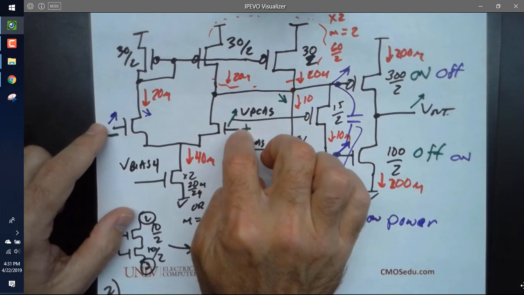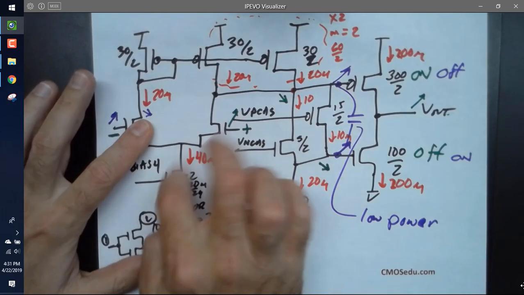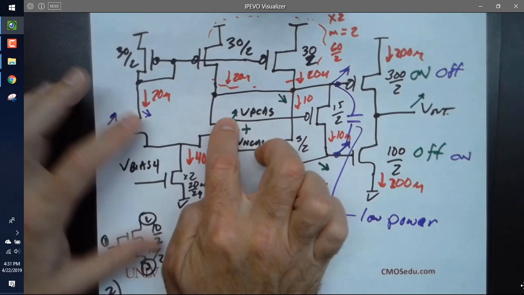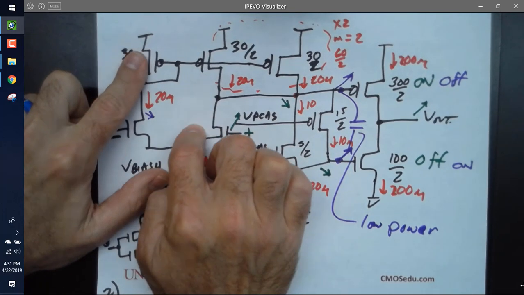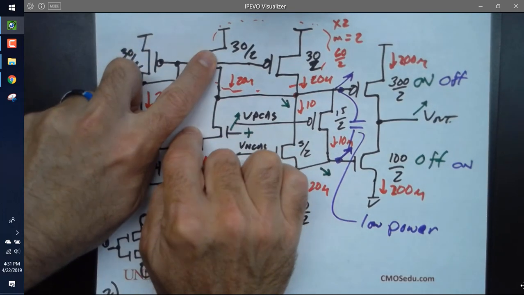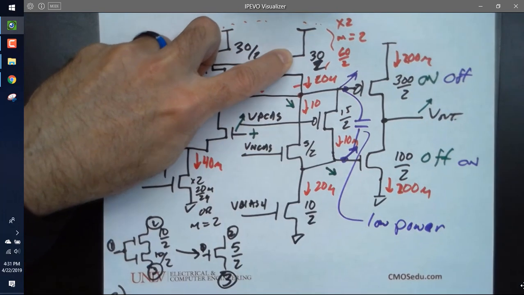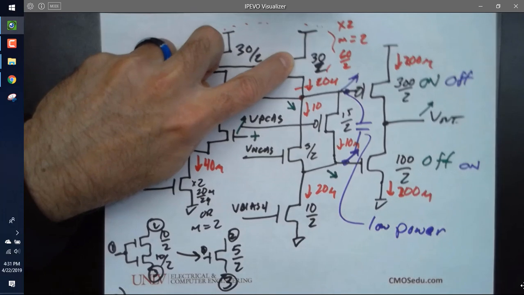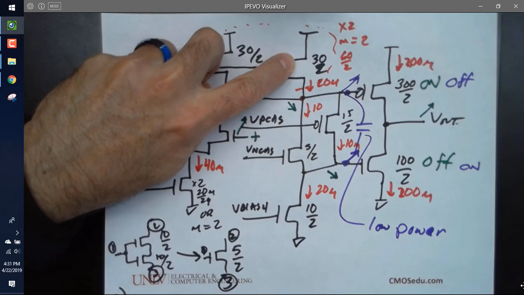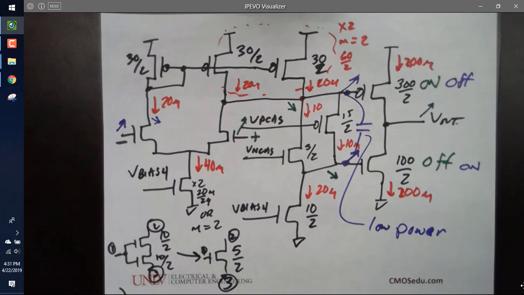They turn off. I don't have enough voltage across here. These all shut off. How much current's flowing in there? Zero. How much current's flowing in there? Zero. How much current's flowing in there? Zero. So this whole stage is off and it doesn't work. We're going to talk about that problem later. But you see how important the biasing is here?